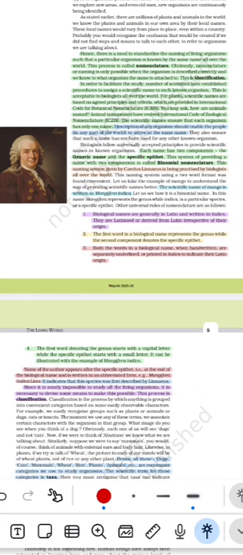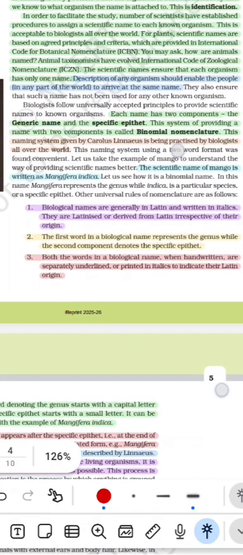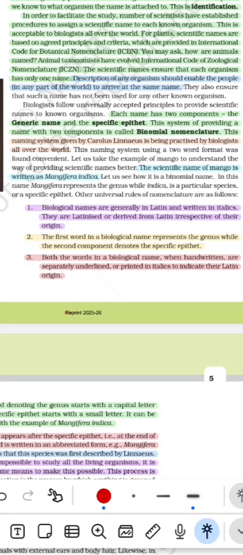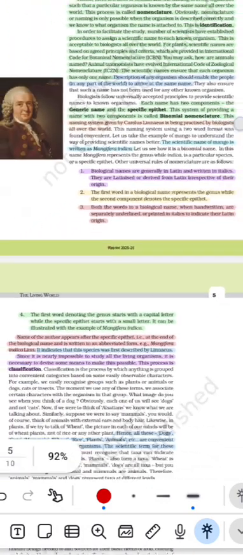So Mangifera indica should be underlined by us who are writing in the books, because we cannot match the italic style. Only computers can do, or Italians can do, maybe. So both words in a biological name when handwritten are separately underlined or printed in italics. Okay, these three points are done.